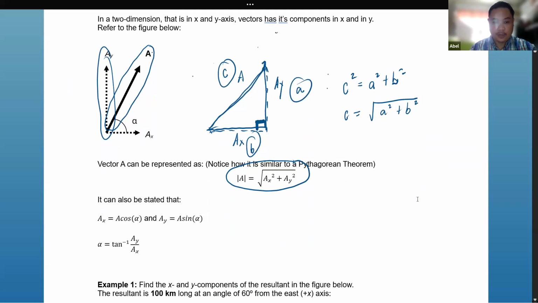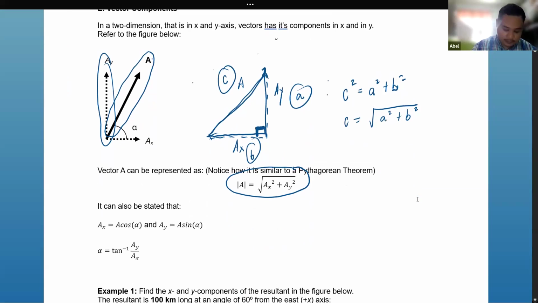Now, how about this formula? We have the A cosine alpha. If we assume this angle is represented as alpha, remember that in trigonometry, we define cosine theta as adjacent over hypotenuse.